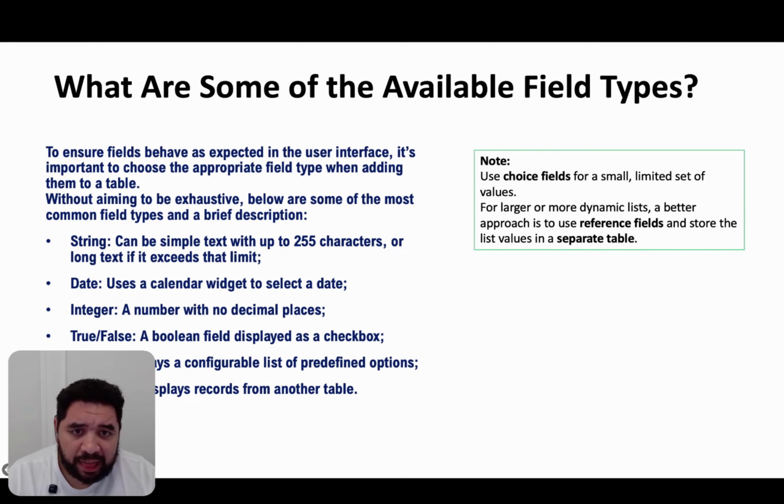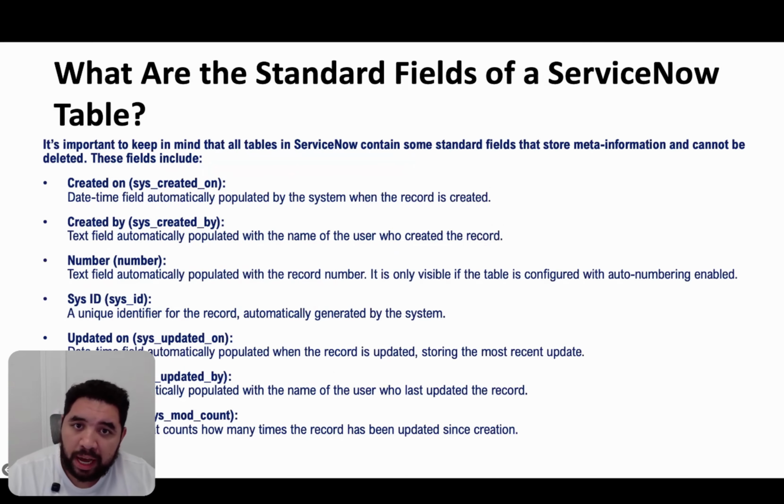As a general guideline, use choice fields for small, limited sets of values. For a large or more dynamic list, it's better to use reference fields and store the list values in a separate table. Every table in ServiceNow includes a set of standard fields that store meta information about each record.